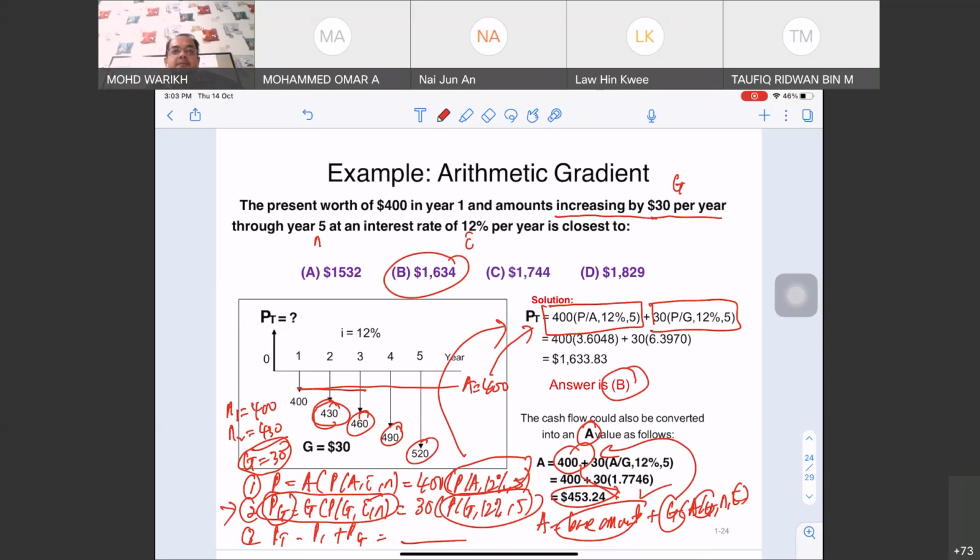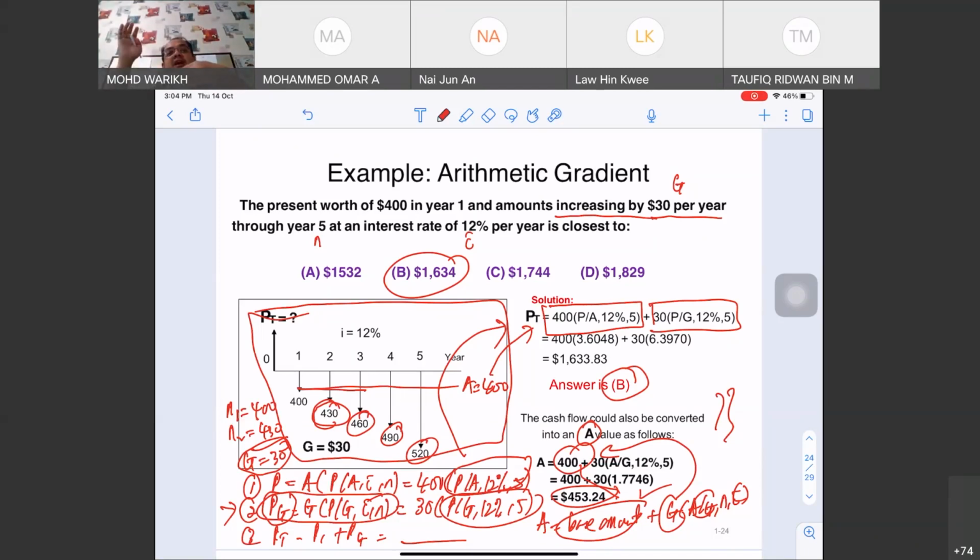Sorry to the foreigners, I will explain in Malay. For example, in this graph, we pay money every year. Say the first year we pay RM400, year 2 RM430, year 3 RM460, year 4 RM490, right? But I don't want to pay that money every year plus RM30. I want to pay a uniform, the same amount.